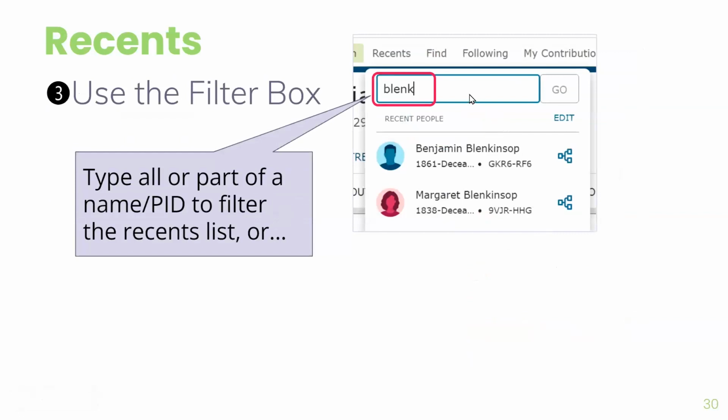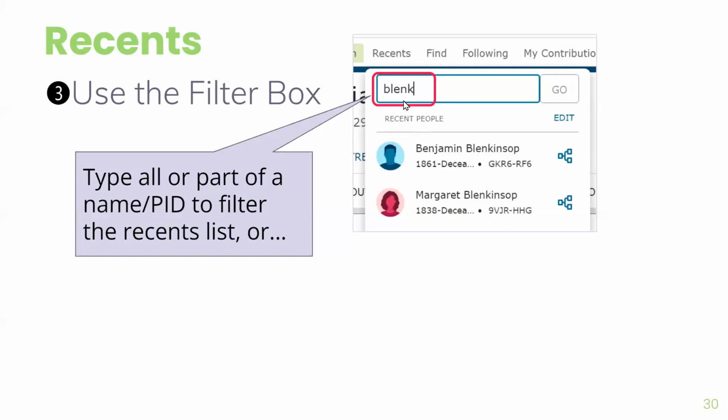You can type in all or part of a name or PID at the top. And notice on this one, I typed "blank" because I was looking for my Blankensop family. When I did that, it filtered just to the people that matched what I had typed.